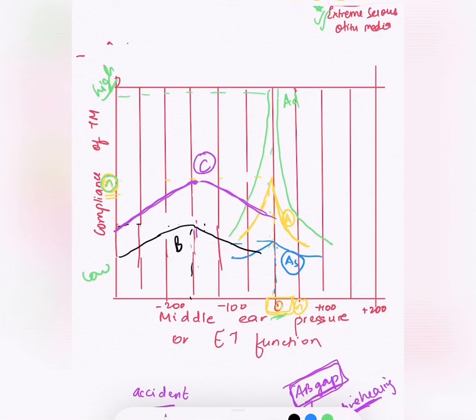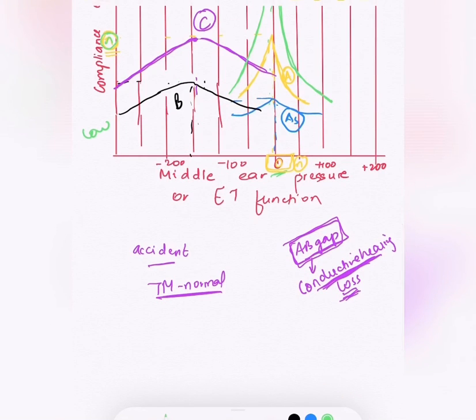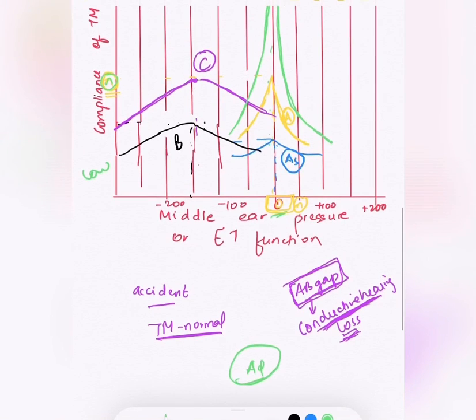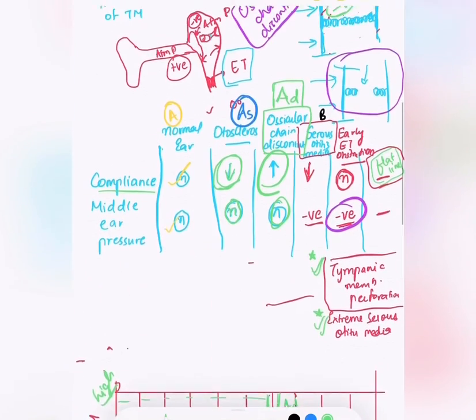So in this patient, the curve that you are going to get is this AB curve. Okay, so the answer, what type of curve you are going to get in tympanogram, is AB type. Fine, so this type of questions come in the exam. Okay, and I told you in what conditions you get what type of curve. Fine, so this was all about the tympanometry.